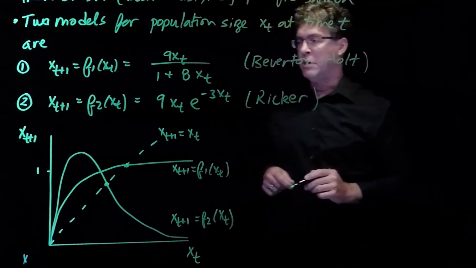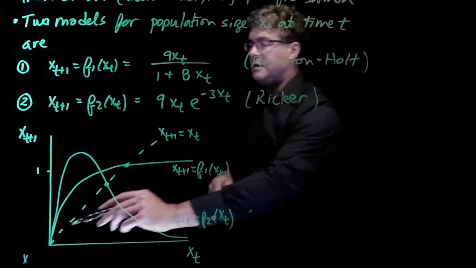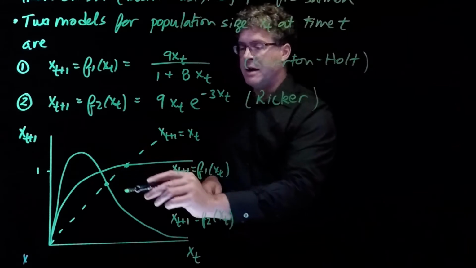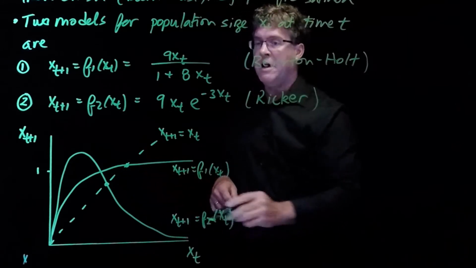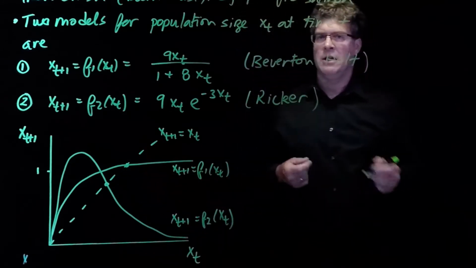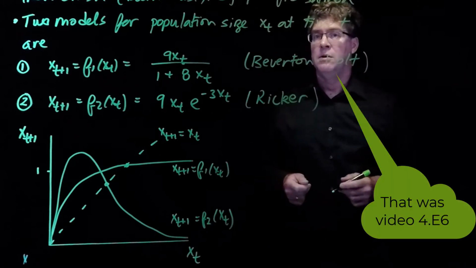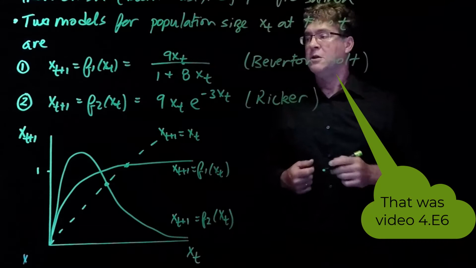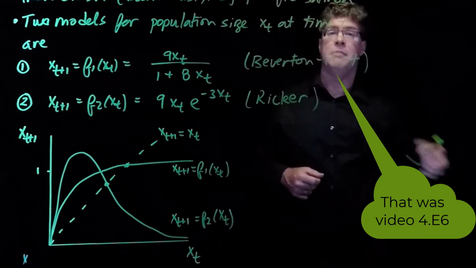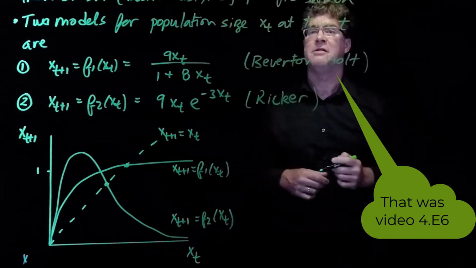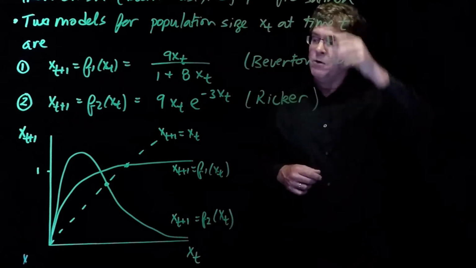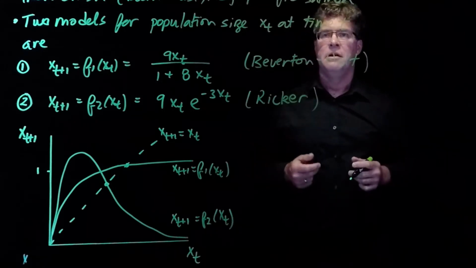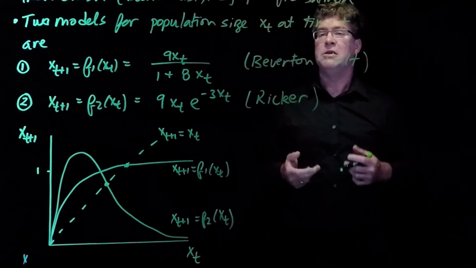When we graph the Ricker model, it grows, it has a maximum, and it comes back down. In fact, this model is very much like the blood alcohol model that we saw in a previous video, in terms of a function that grows, peaks, and comes back down, which is kind of interesting. If we want to understand the difference between these models, we can look at the stability of the equilibria.